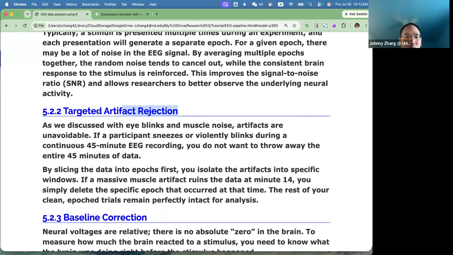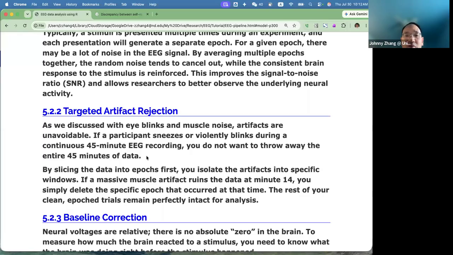Then we can also do a targeted artifact rejection. And remember, previously we did artifact rejection or bad channel removal based on all the information. Now we can just look at each epoch to see whether they are bad channels, bad signals or not.